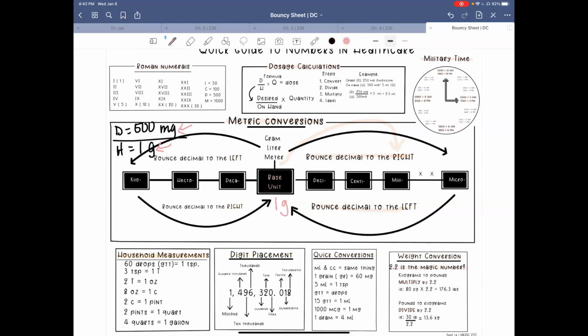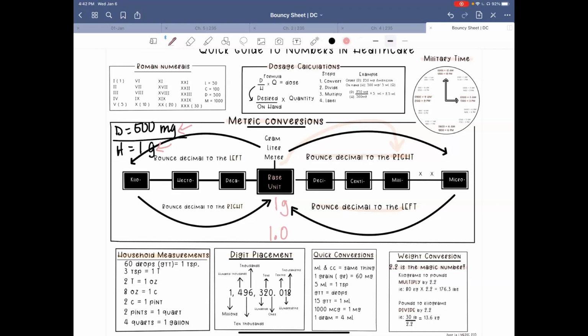So we go back, we have 1 gram, and if it's a whole number, the decimal is always behind that, right? So it's 1.0 would be a whole number there. If it's less than a whole number, then the decimal will be elsewhere and there'll be a 0 in the front. Okay, so we've got 1 gram, and we need to figure out how many milligrams that is.